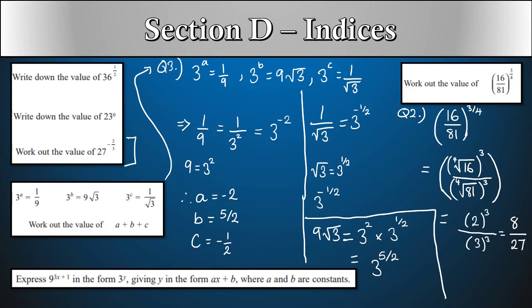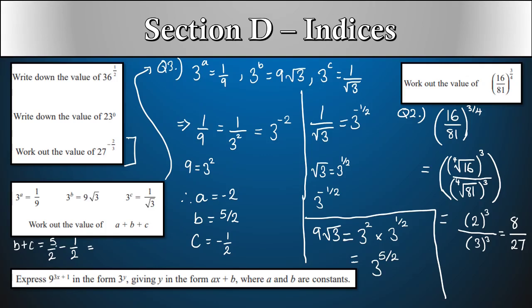So all I need to do now is work out what a plus b plus c is. So to do that, I just need to add all of them together. I think the easiest way to do this is just to add b and c together first. So I kind of run out of room here. Let's do it over here. So b plus c. So that's 5 over 2 minus a half.